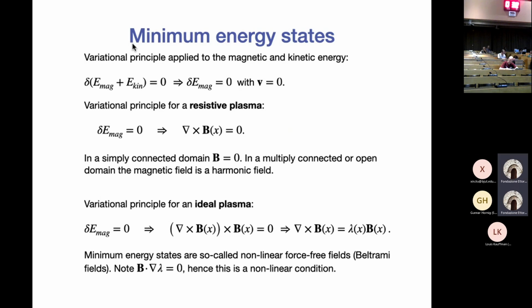Now, nonlinear because this proportionality factor lambda here can depend on x. It has to be constant along field lines, but it can depend on individual field lines, and that makes this equation a nonlinear condition and quite tricky to handle.